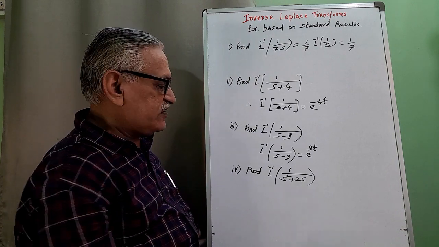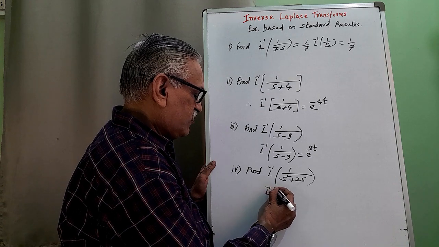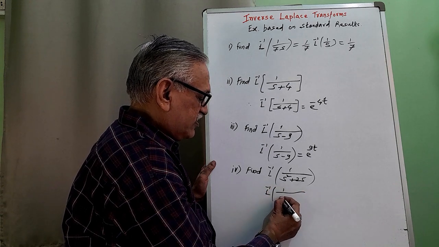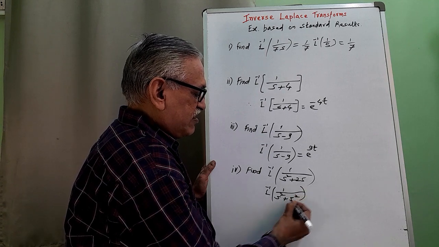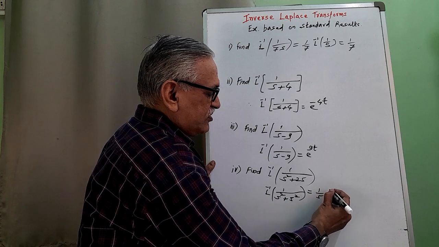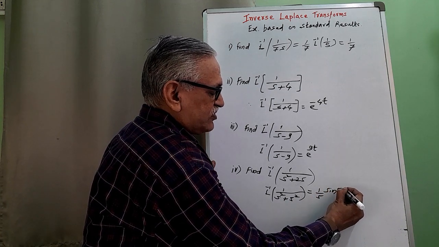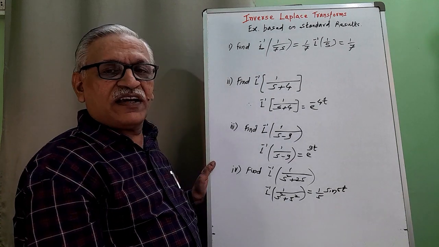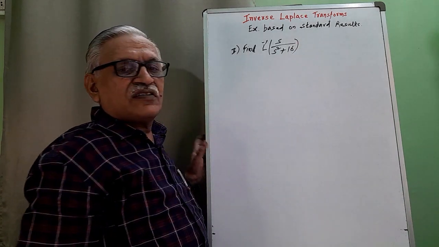For 1 upon s square plus a square, its inverse is 1 by a sine of at. Therefore, inverse of 1 upon s square plus 5 square is 1 by 5 sine of 5t, as the required inverse Laplace transform.